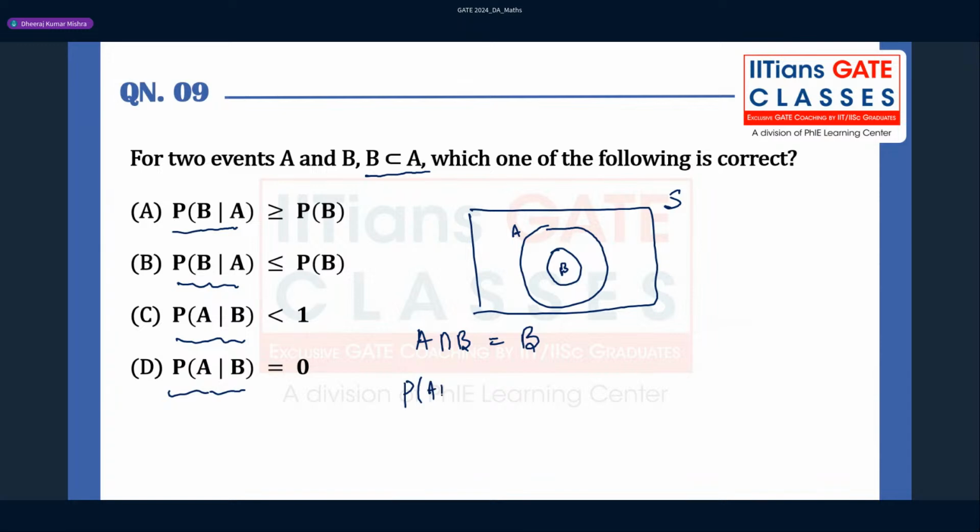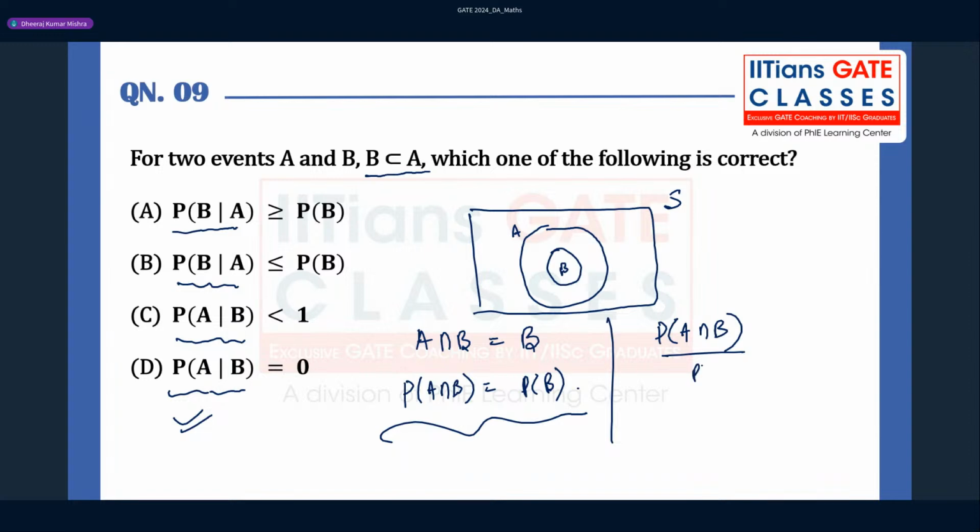Probability of A intersection B is going to be probability of B only. Understood. So you can now write the conditional probability. What is conditional probability? Probability of A intersection B upon the probability of B, right? This is nothing but 1 here.